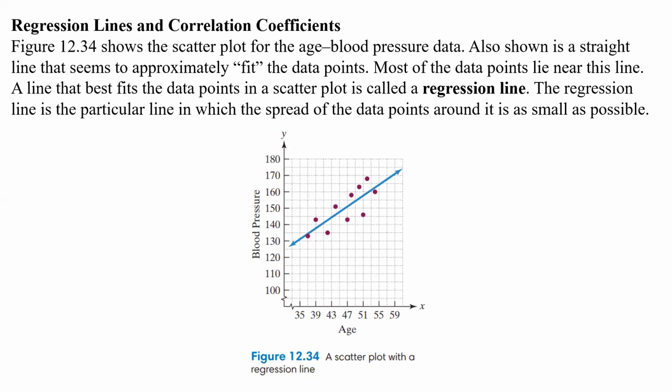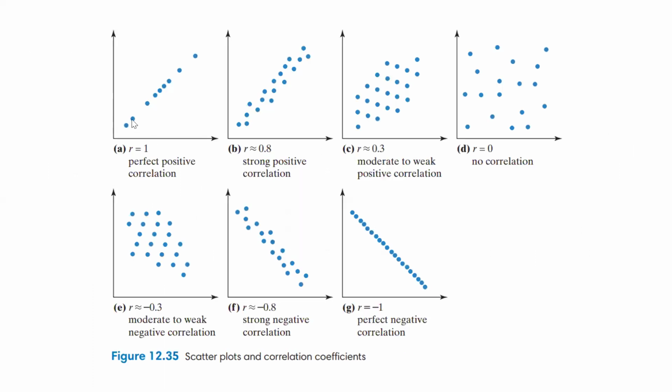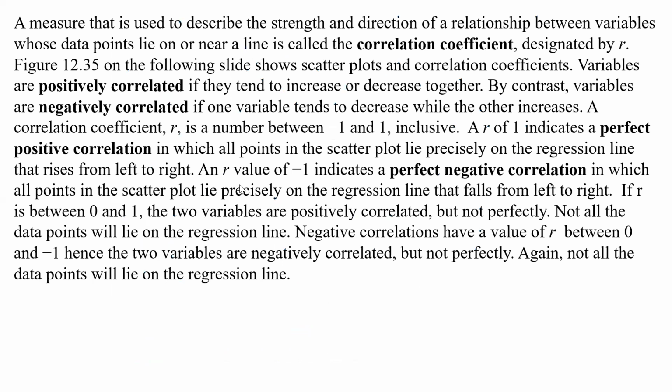So looking back at our plots, if we drew the perfect line through here, every one of those points would lie on the line. That's a perfect positive correlation. This would be a perfect negative correlation. It falls as it goes from left to right, whereas that one rises from left to right.